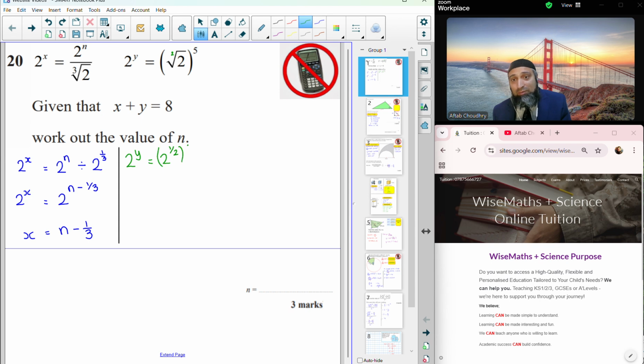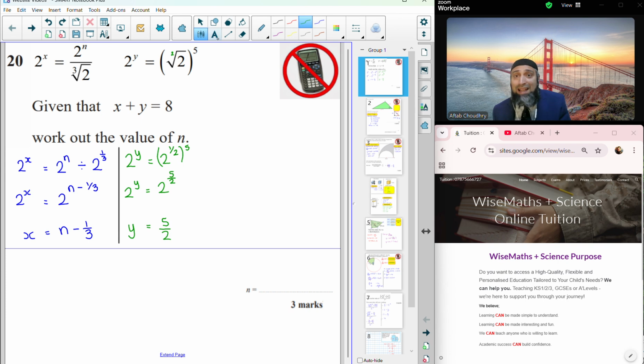However, everything is being raised to the power of 5, so 1 times 5 is 5. So it's 2 to the power of 5 over 2. One more time, as the bases are the same, the powers must be equivalent. So y is equal to 5 over 2.